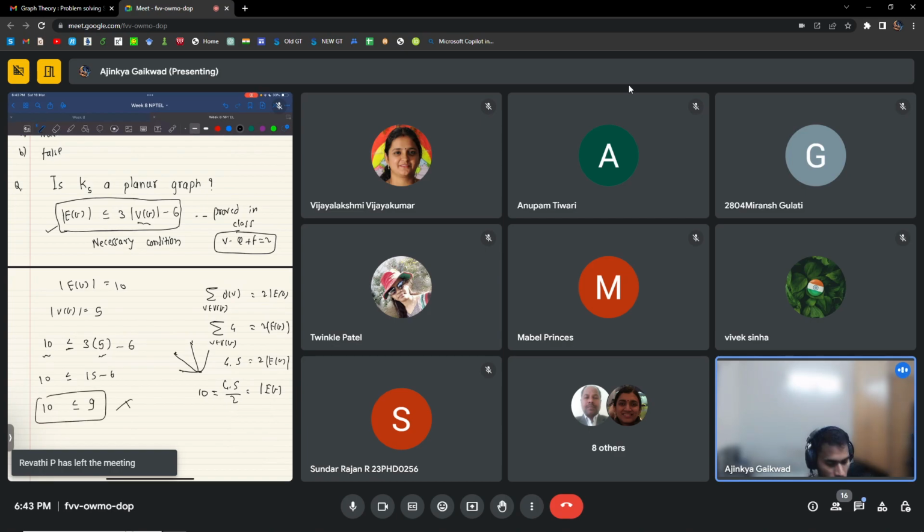But 10 is not less than or equal to 9, so this is wrong. That means the necessary condition is not satisfied, therefore K5 is not planar. Is this clear?